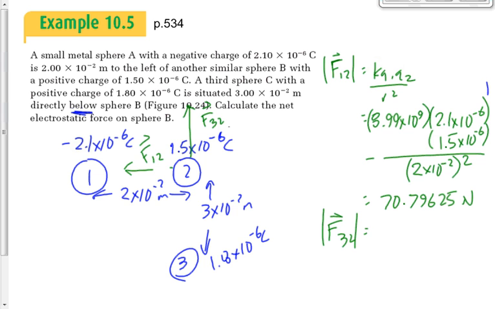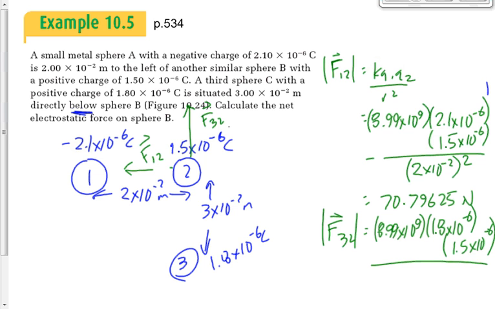F32, it's going to be 8.99 times 10 to the 9 times 1.8 times 10 to the negative 6 times 1.5 times 10 to the negative 6 over 3 times 10 to the negative 2 squared. Thank you, Zach. That one worked out to be 26.97 newtons.